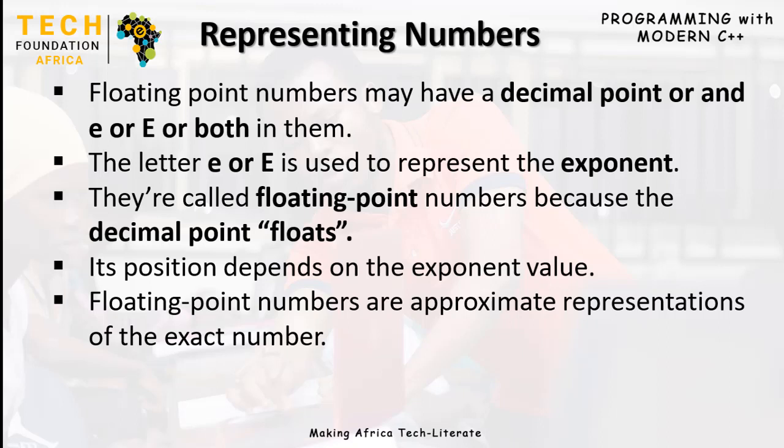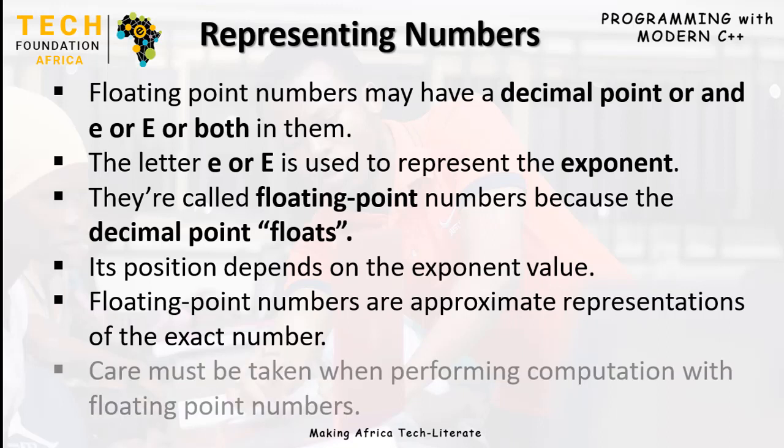And usually that is what floating point numbers are, with the exception of a few cases where you have exact division or exact output; most of the time floating point numbers are approximated values. Because of this, care must be taken when you are performing computations with floating point numbers. You should seriously pay attention to certain details.